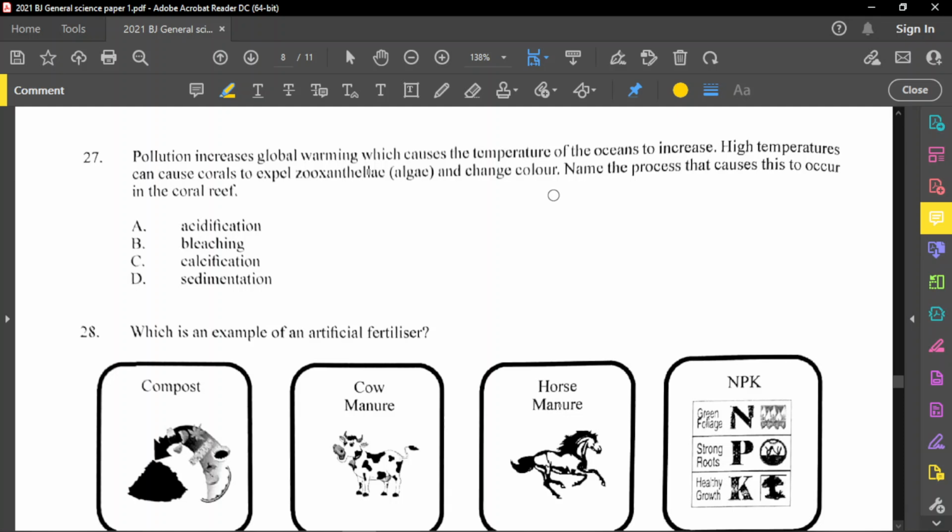High temperatures can cause coral to expel zooxanthellae, which is what they call the algae that live inside the coral polyps. Once they expel the zooxanthellae, they lose their color and appear white because they're colorless now, and we call that condition bleaching.